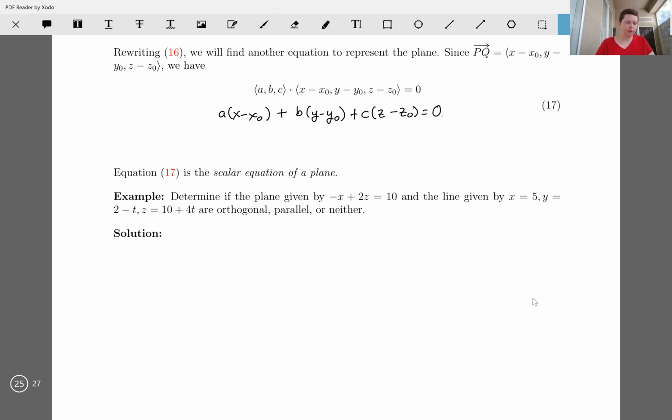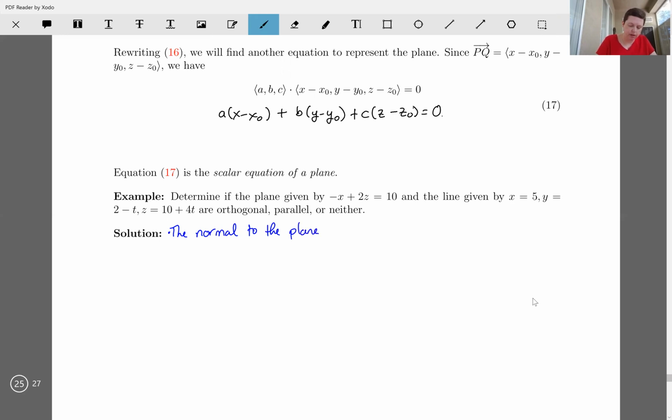The nice thing is that we can determine the normal to the plane directly from the scalar equation. The first component is the coefficient of x, which is -1. The second is the coefficient of y, which is 0. The third is the coefficient of z, which is 2.